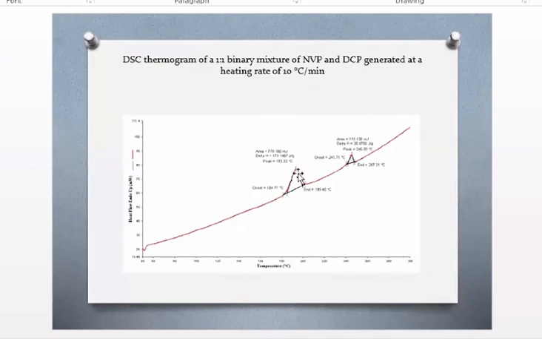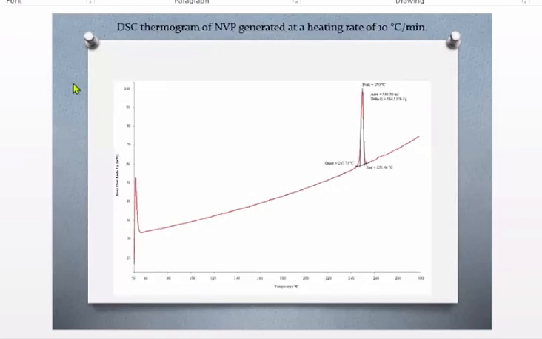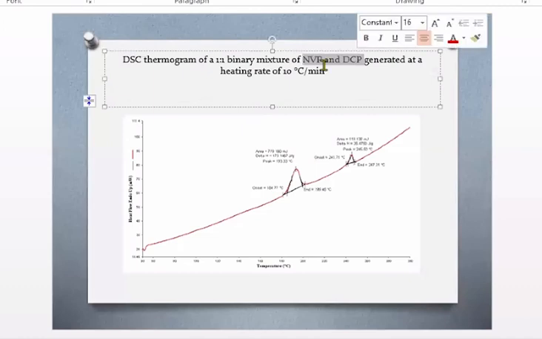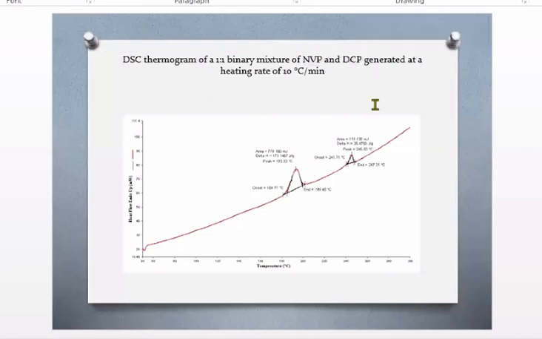dibasic calcium phosphate. So based on this understanding, I was able to recommend that you cannot combine nevirapine together with dibasic calcium phosphate, which turned out to be actually true. When I forced matters and manufactured tablets containing nevirapine and DCP, I found that nevirapine could not be released from the tablets.